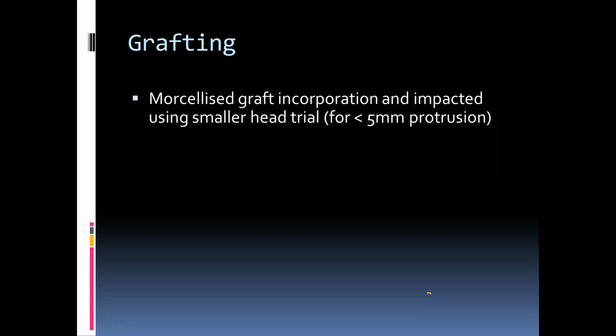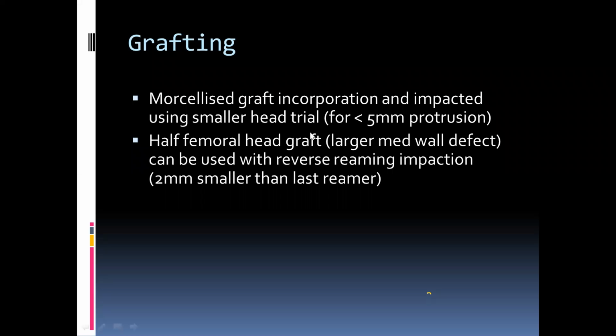You put a smaller head, a trial one, and then you push your graft inside. Usually this morselized graft is preserved for less than 5 millimeter, or in mild cases of a protrusion.